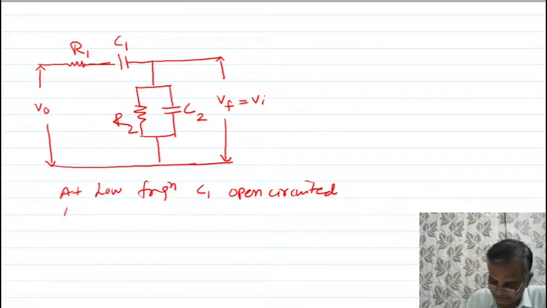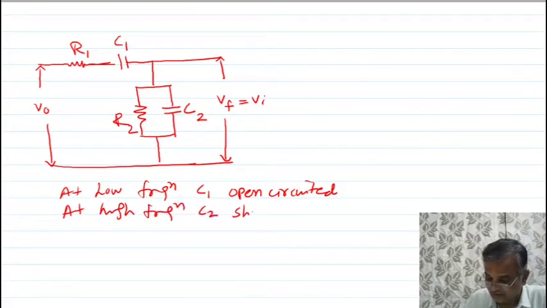At high frequency, the shunt capacitance C2 works as a short circuit. So output Vf, or you can say Vi, is 0, in the ideal condition.